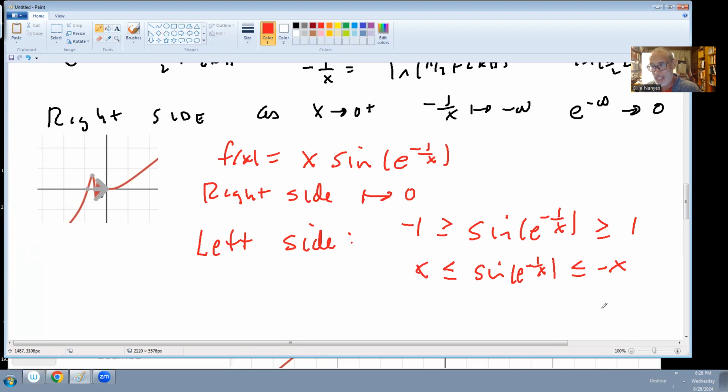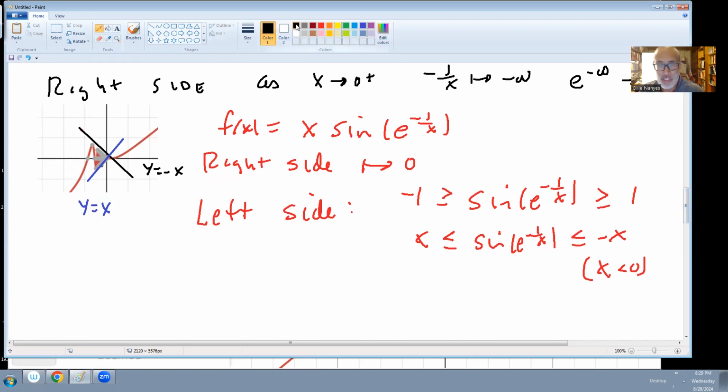Now this looks strange. Remember, x is less than 0, so this is really positive and that's really negative. And what we're doing, and I'll do this in black, this thing right here that I'm drawing in black, you can think of as a graph of y equals minus x. So you see that's actually the upper bound. Then if I draw this line here, this line in blue, that's really y equals x, and that's actually the lower bound.